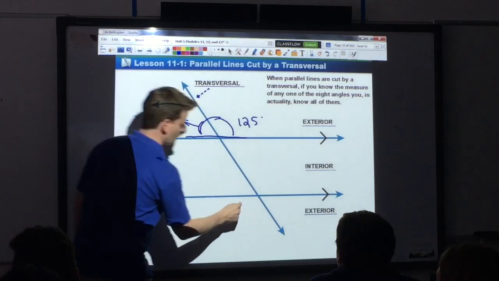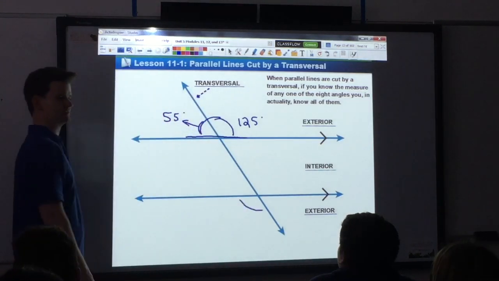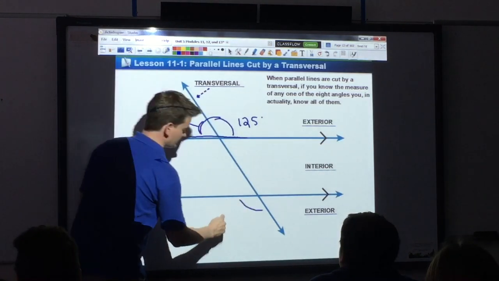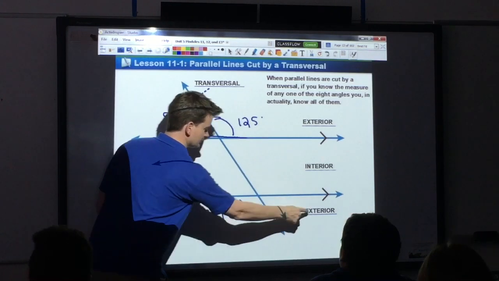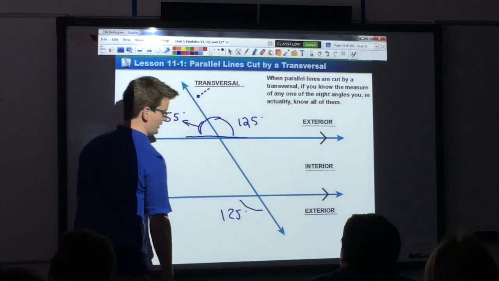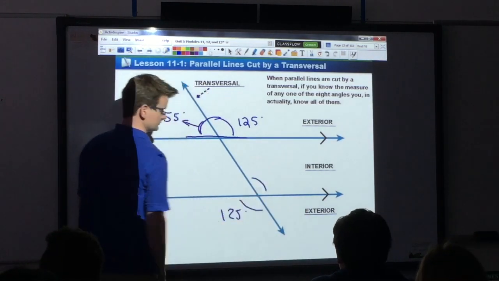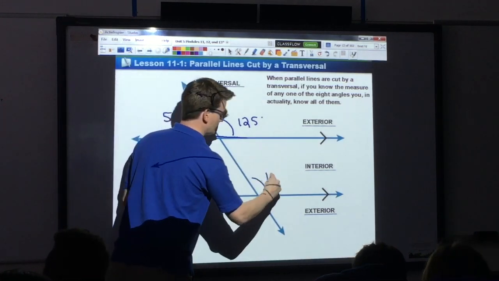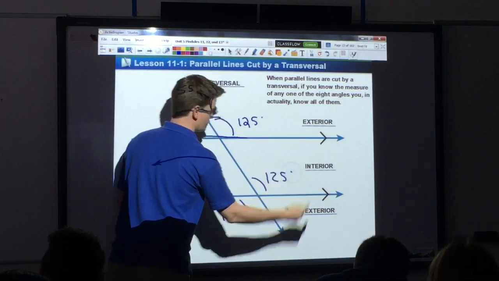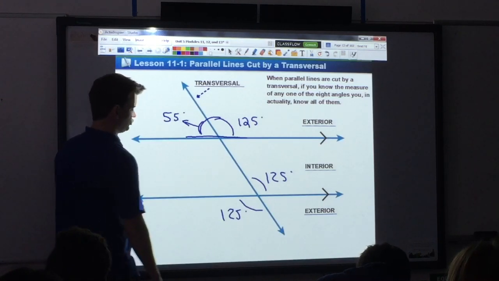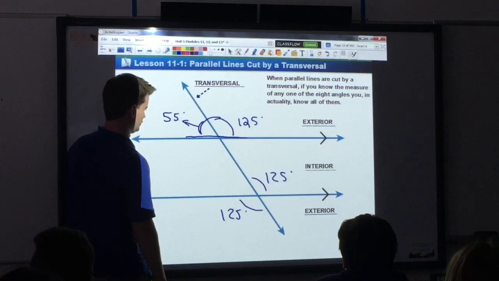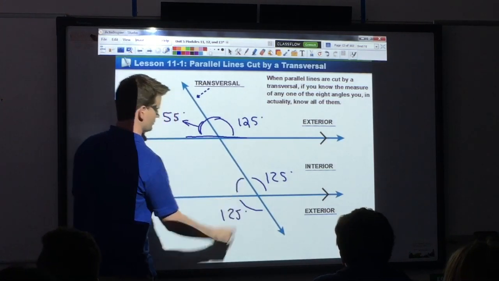And then we can just start getting the rest of the angles from there, depending on the rules you want to use. Do I know this angle right away? Yeah. What is it? 125. Well, we can say that these are alternate exterior angles. And do I know this one? 125 because they are what? Begins with a V. Vertical angles. And do I know this one right here?